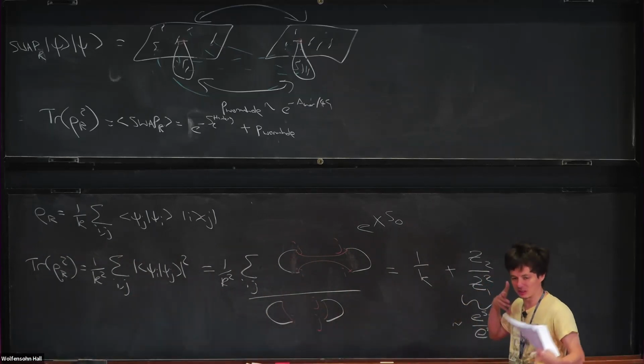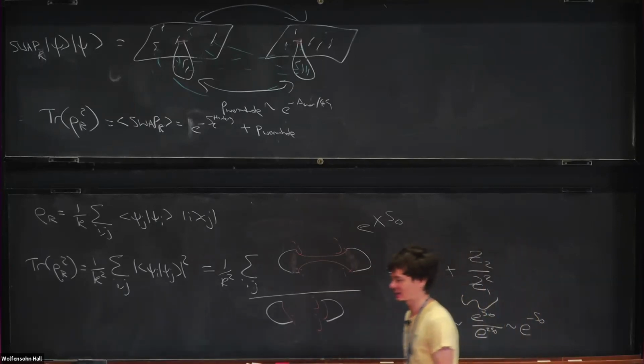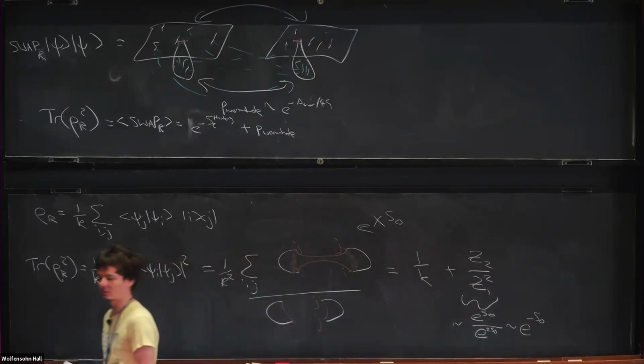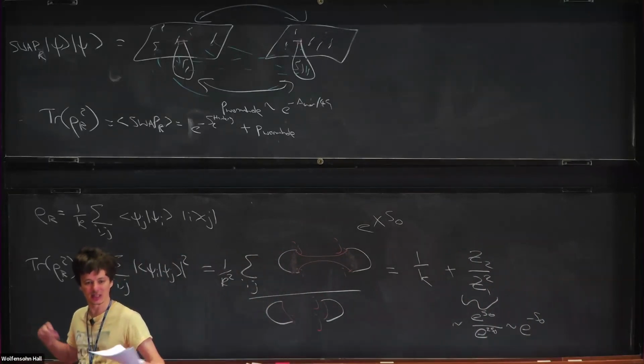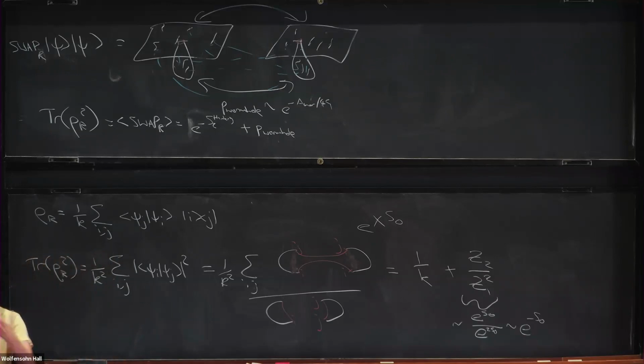Instead, the purity just has this lower bound that's roughly e to the minus entropy of the black hole. So again, exactly what we would expect if the entanglement entropy was now equal to the entropy of the black hole. If we're getting some sort of Page curve thing where when we try to create more entanglement between outside the black hole and inside, we don't actually create that entanglement and it just saturates equal to the entropy of the black hole.